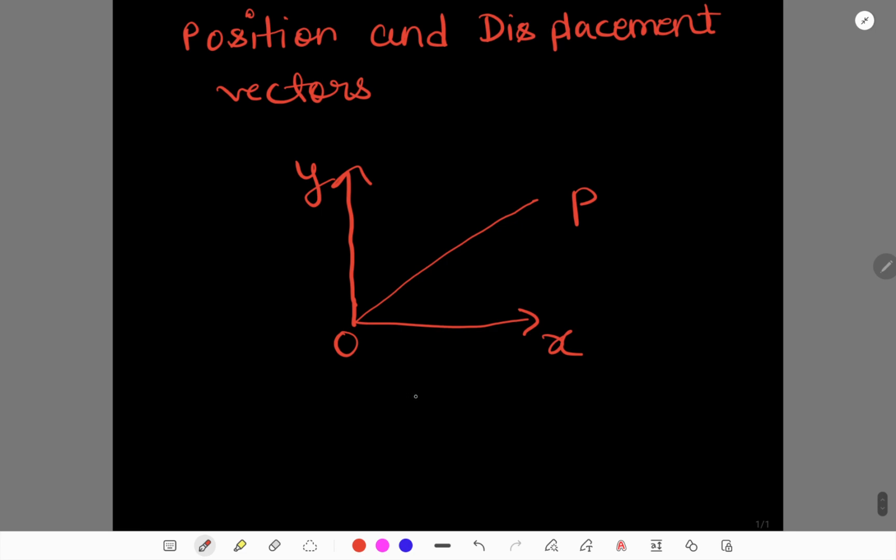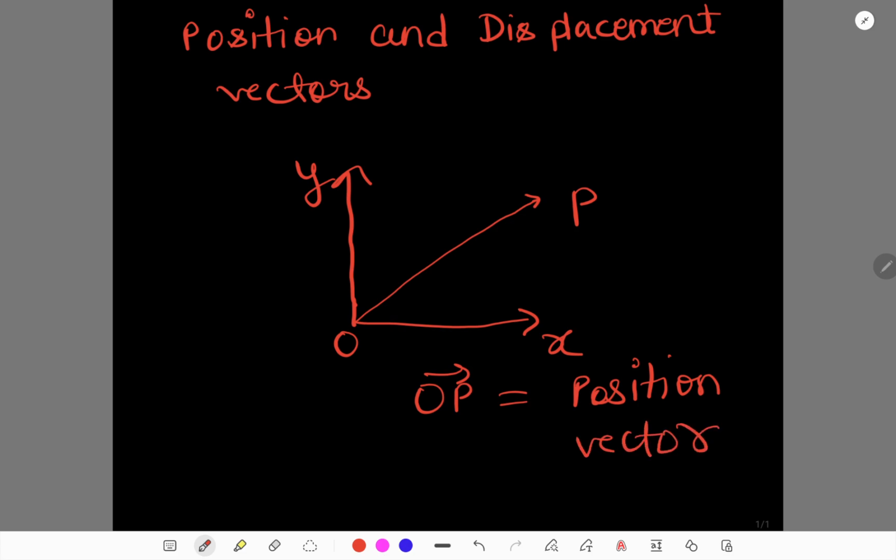This OP represents the position vector. It tells the straight line distance of the object from the origin O, and it tells the direction of the object with respect to the origin.